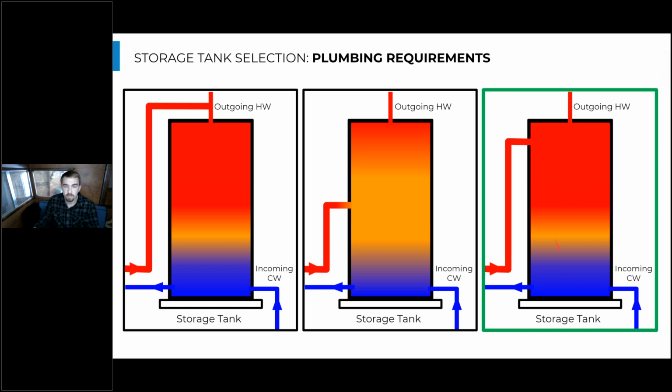Here you can see there's a really stark contrast between this blue section on the bottom and this hot section on the top, and that's because we are using stratified storage, which allows us to have really hot water sitting up top and really cold water on the bottom.